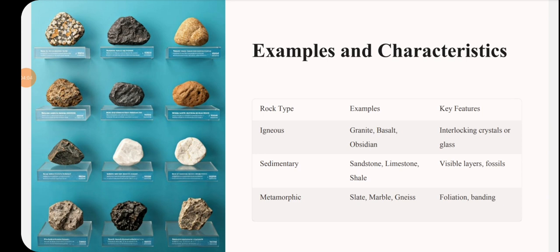For sedimentary, limestone is a permeable rock, so water can pass through it. That's why it has visible layers. And metamorphic rocks are slate, marble, or gneiss, and the key feature is foliation and banding.